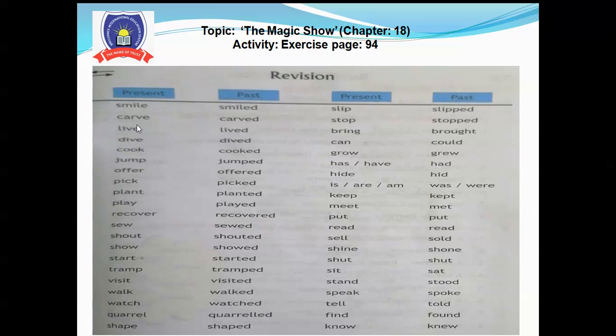Dive, dived. Can, could. Cook, cooked. Grow, grew. Jump, jumped. Has, have, had.